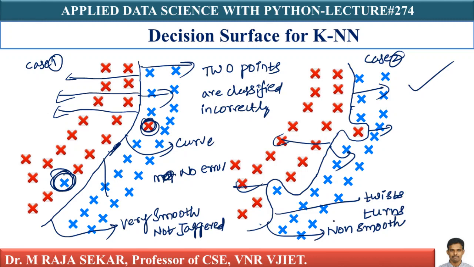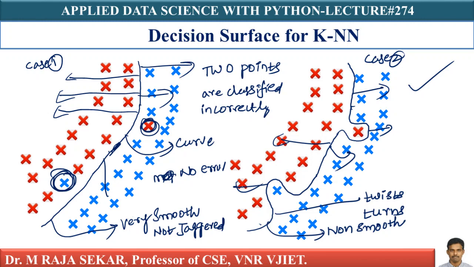Both of these curves are separating positive points and negative points. Both of them are trying to do that, but case 1 curve is much smoother than case 2 curve.